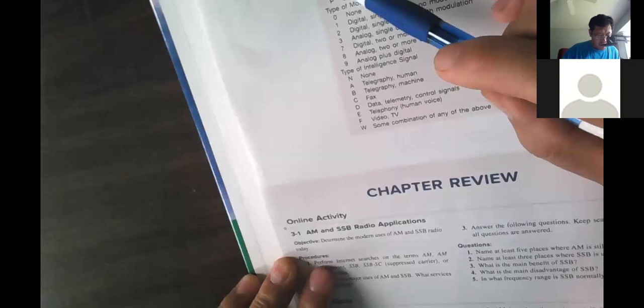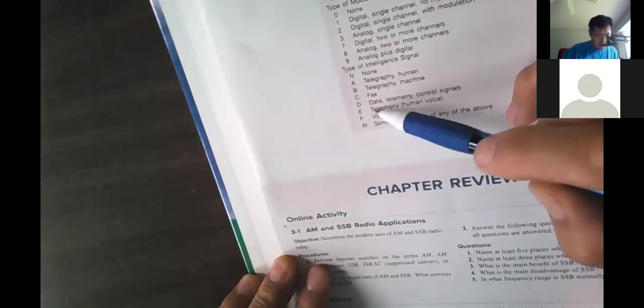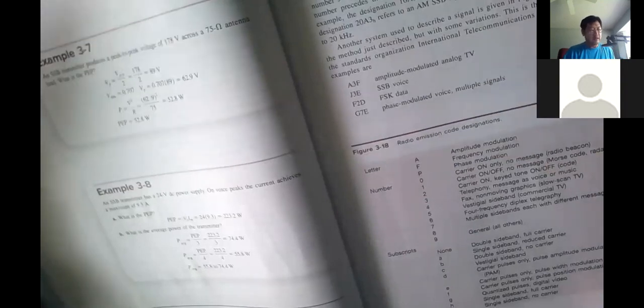So J means single sideband, 3 means analog, E means human voice. So it gives you some reference to where to look for information. When you see some code like this, with this table, 2 figures provide you enough information to get to know a little bit about your AM station.